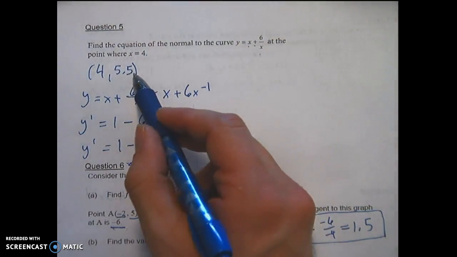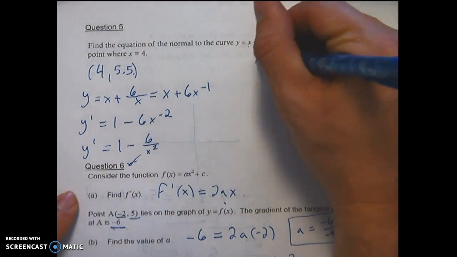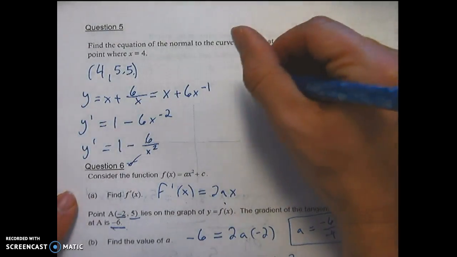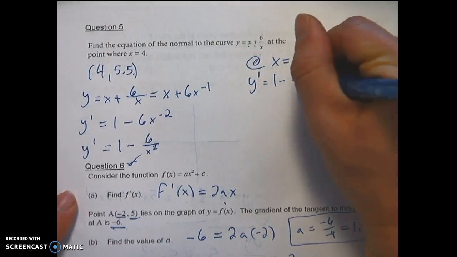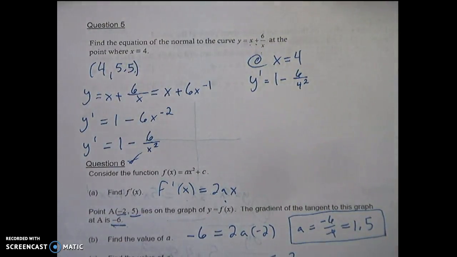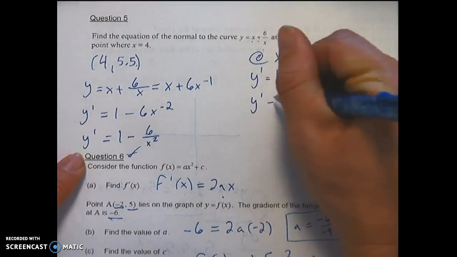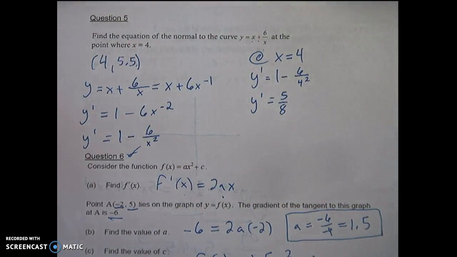So I've got a point. To write an equation, I need a point and a gradient. At the value of x equals 4, y prime is going to be 1 minus 6 over 4 squared. That's 6 over 16, just 3 over 8. 1 minus 3 over 8 is 5 over 8. So that's the gradient at the point x equals 4.